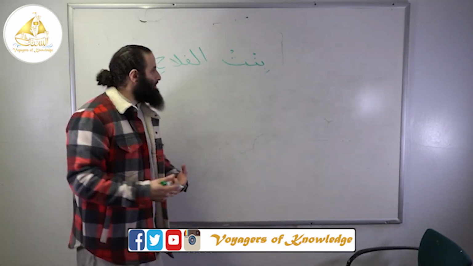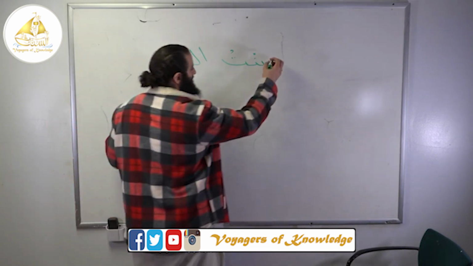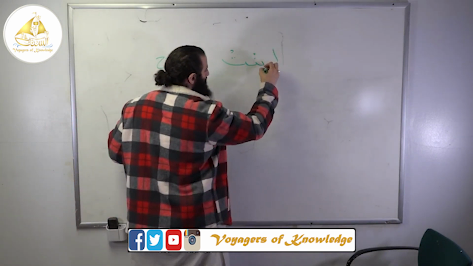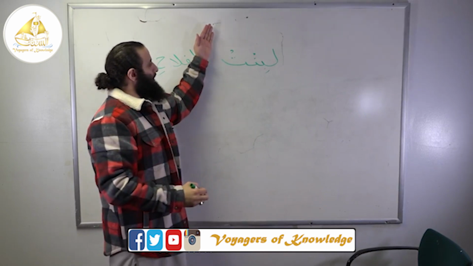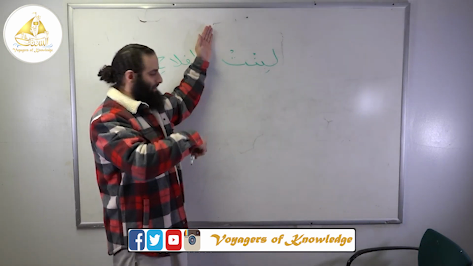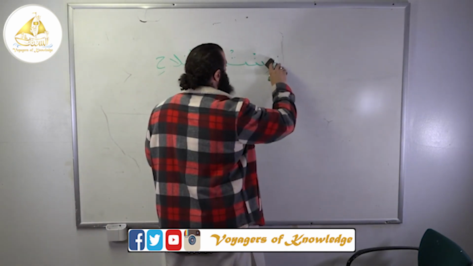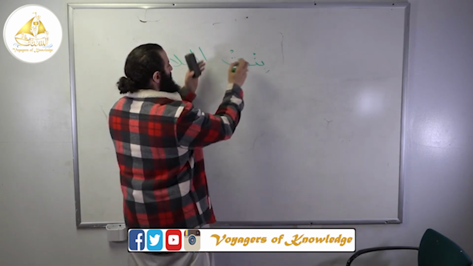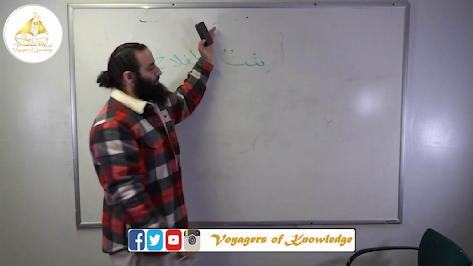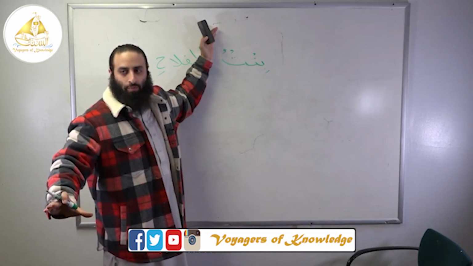Something happened in the sentence where the harf jar, lam, was added. Don't worry about al-fallah right now. If I just said li bintin, that's what would happen. This word on its own without fallah, what is it? Bintun. Bintun on its own.